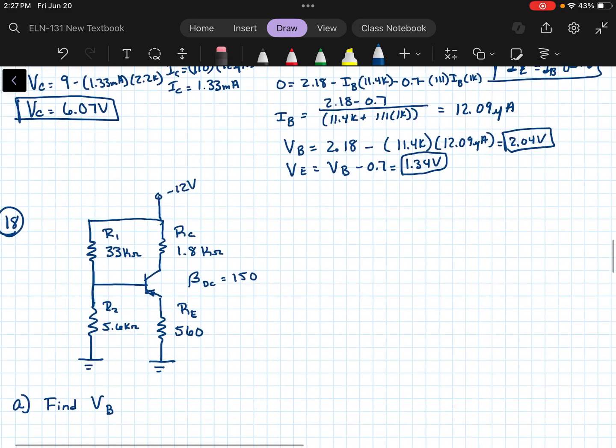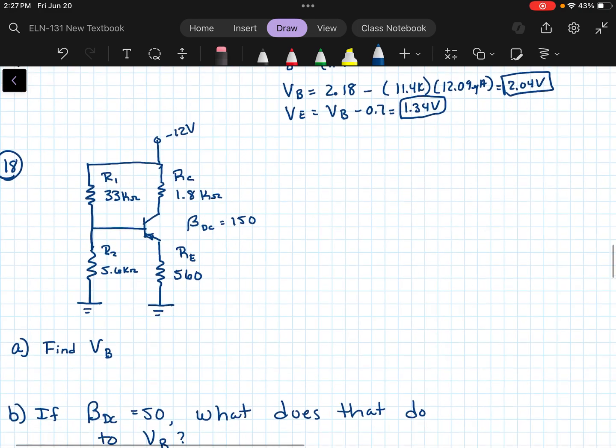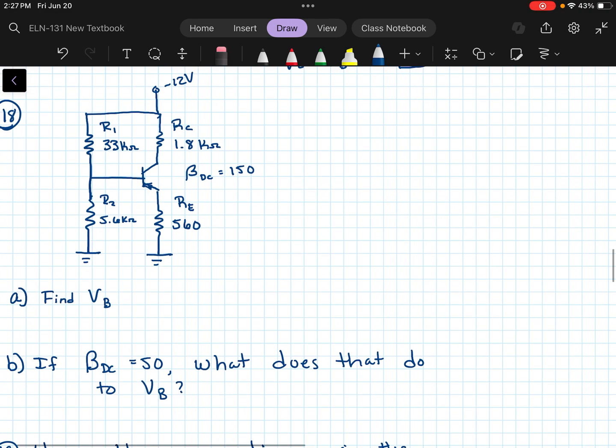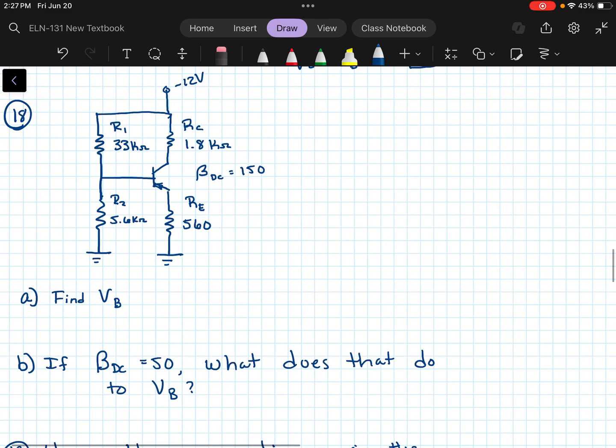Okay. Now for the next few problems, we're going to work with the same circuit for all of these. First of all, we're looking for VB. Again, we want to figure out whether we need to use the exact approach or the approximate approach.